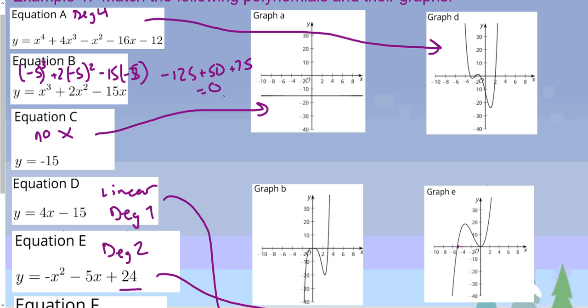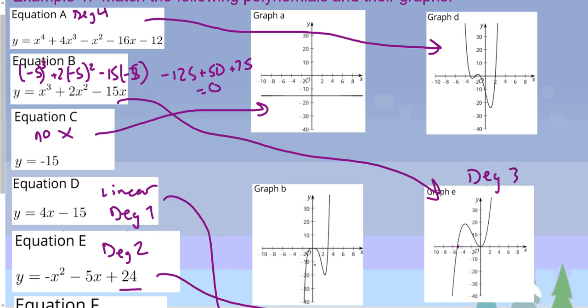So it looks like equation B matches graph E. And that makes sense if you think about what happened above. It's an x to the third graph, so it's a degree 3 because it's got an up, a down, and an up.